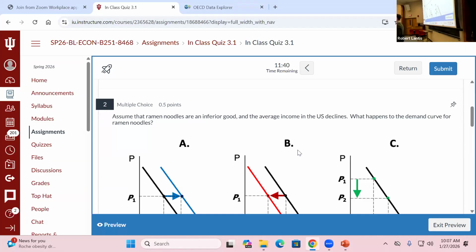If I see a change in the price of the good I'm looking at, that's just going to move me to a different point on the demand curve. So for question 2, I'm looking at ramen noodles and I have a change in income. So we haven't talked through this yet, but I'll kind of give you the setup of how we can answer a question like 2. All right.